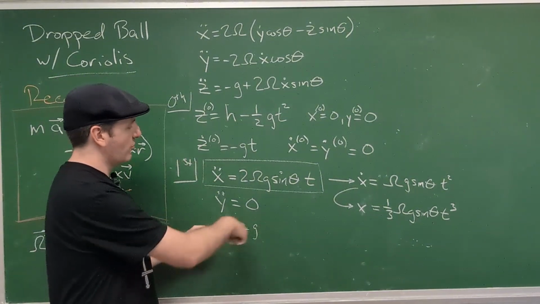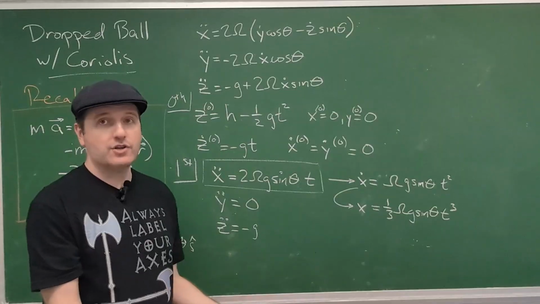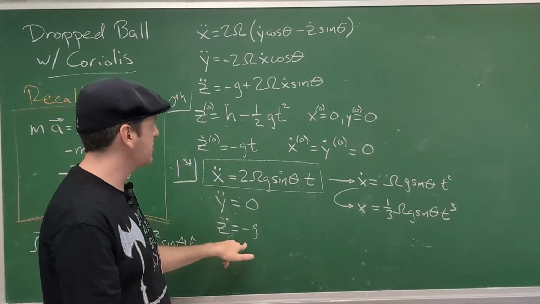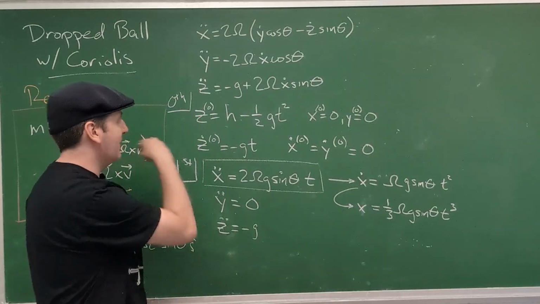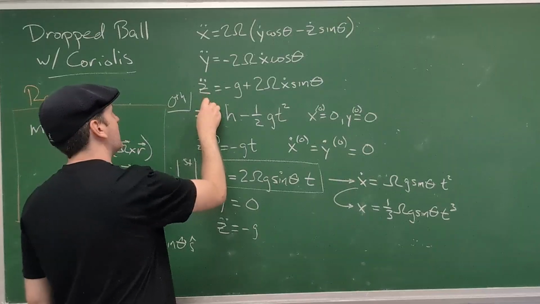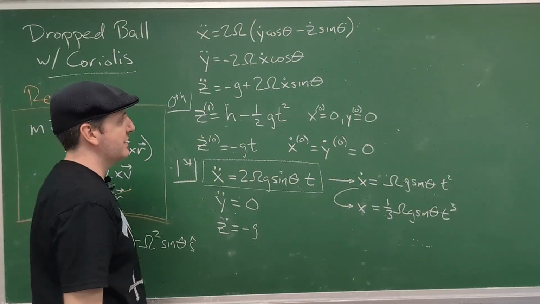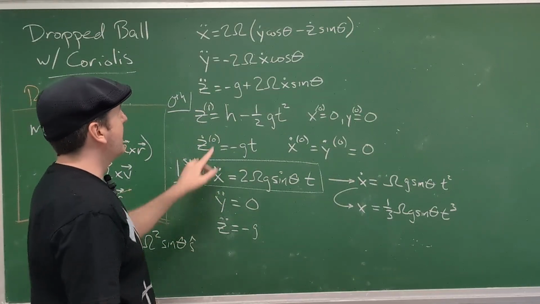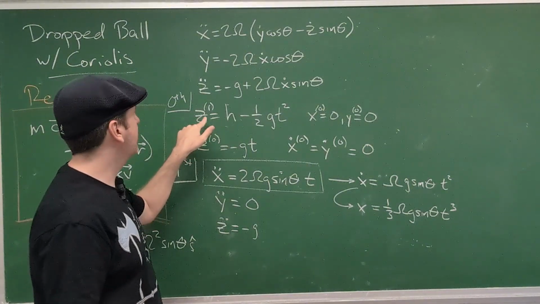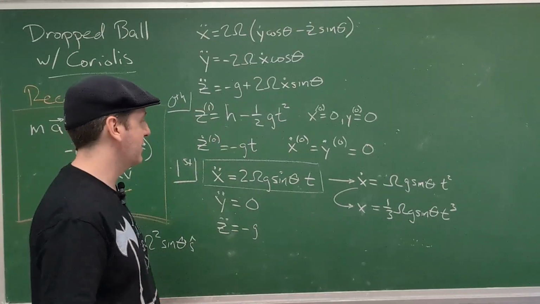Well, notice that to this order, our z equation has not changed. So I can still use this equation even at first order. Maybe I'll go ahead and tell you this is the same thing as the first order approximation also. And I can find out when this equals 0. What time gives me z equals 0? That's when it hits the ground.